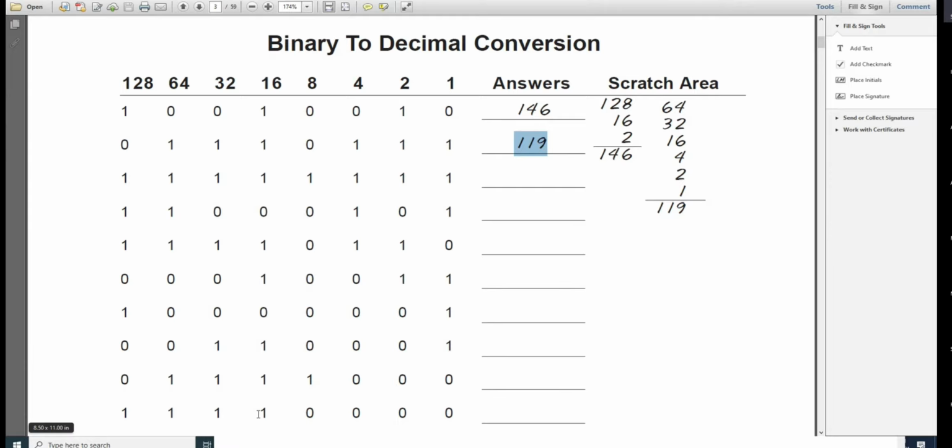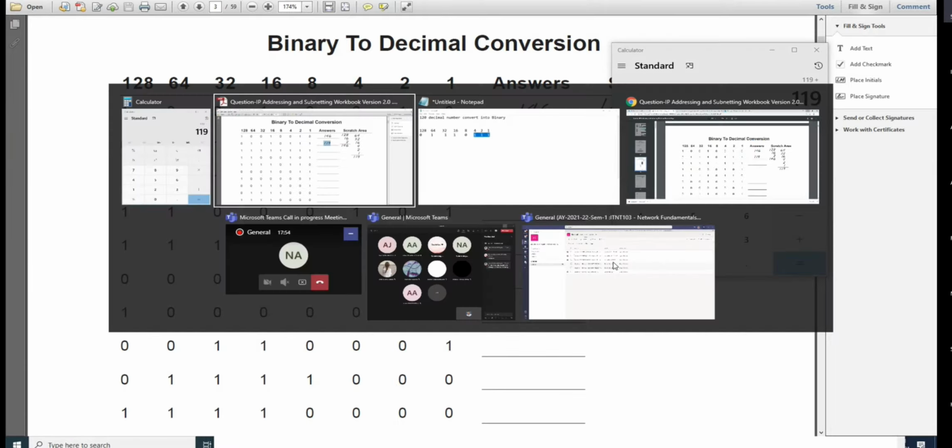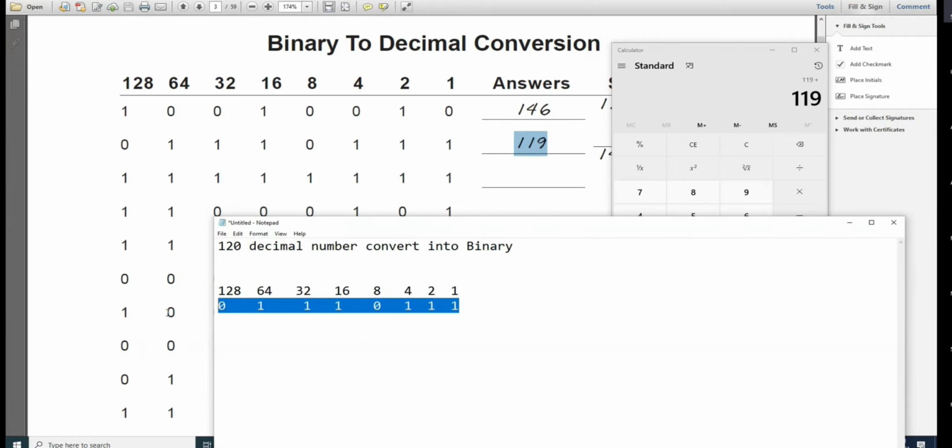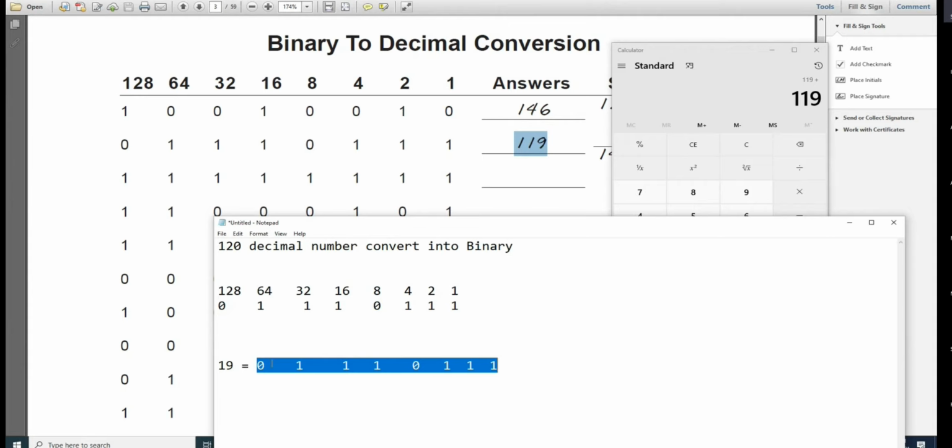So if you need to write 119 in binary, this is the binary number of 119, so you can write 119 in this binary. If you need to write 120 as a binary number, just make all these bits 0, and the last one is also 0, so here it becomes 1.